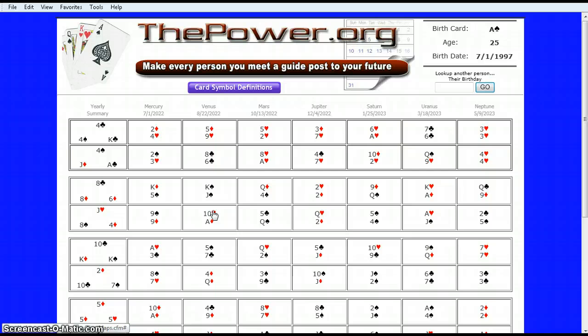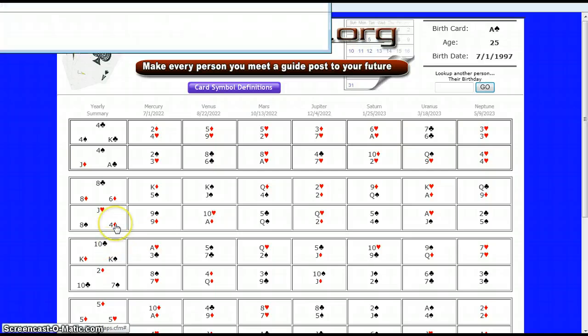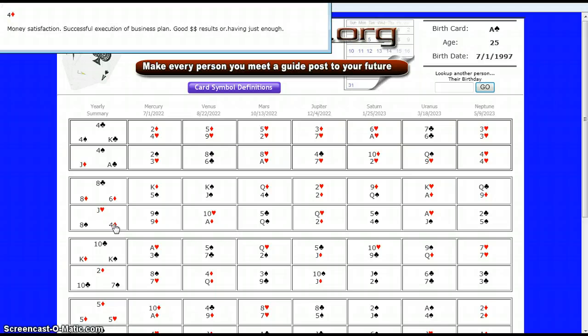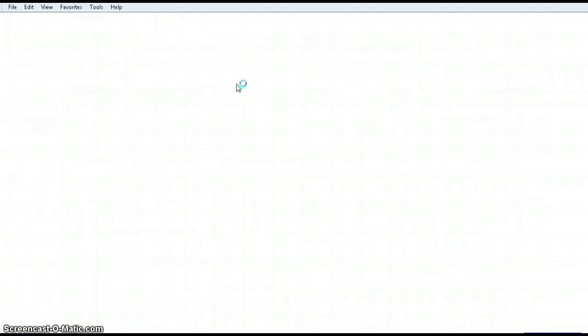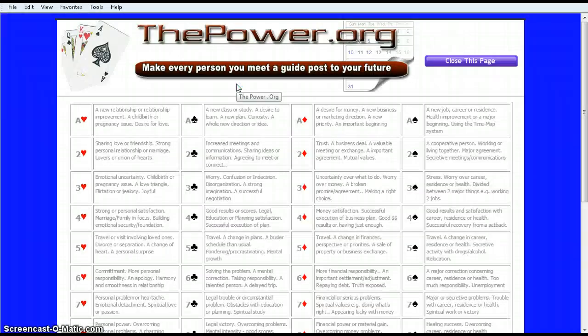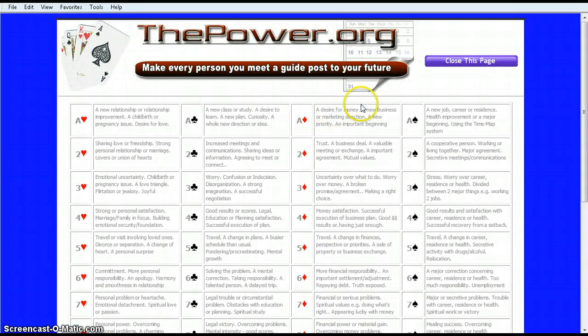Any card you touch will pop up like that, so that you can see it. If for any reason the pop-up is not working for your computer, then just click this blue button right here that says card symbol definitions, and you'll see all of the definitions at a glance, the same definitions that pop up.